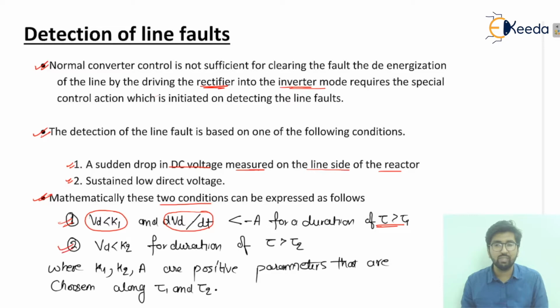Similarly, the second relation is Vd less than K2 for a duration tau greater than tau2. The constants K1, K2 and A are positive parameters, chosen along with tau1 and tau2, which are the time constants.